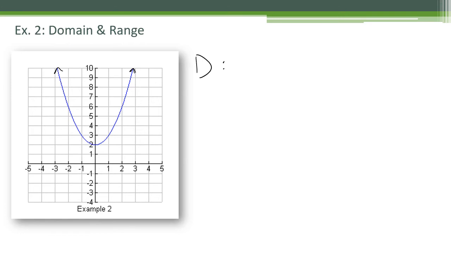Capital D, colon, open bracket, x is an element of real numbers such that. Now remember, x is left and right. So if you're looking at it, first of all, this is a continuous function. It has all of the points in between 3 and -3 included. So it can be anything between -3 and 3 for sure.